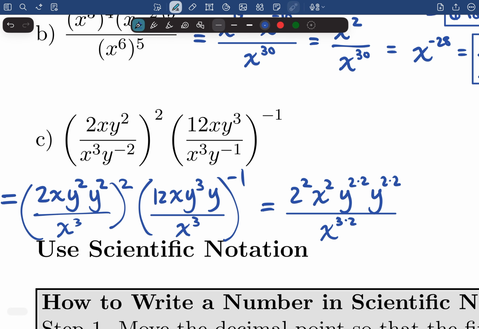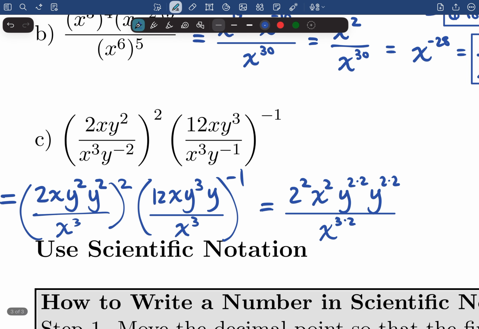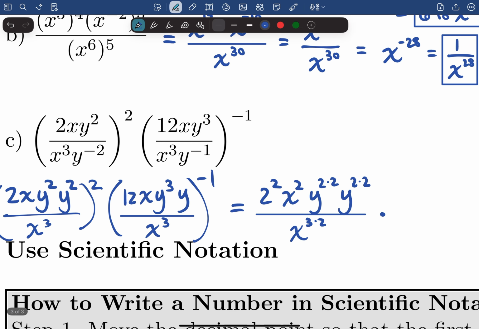Now, applying this negative 1 power, well, wouldn't that just flip the top and bottom? So we take the reciprocal of this, and then that makes it so that this becomes a positive 1. That was one of our rules that we discussed. So we can do that. We could multiply by x cubed on top divided by 12x y cubed y.